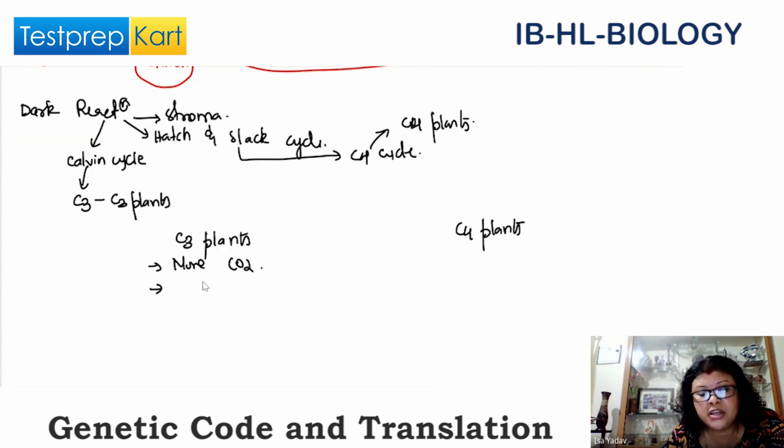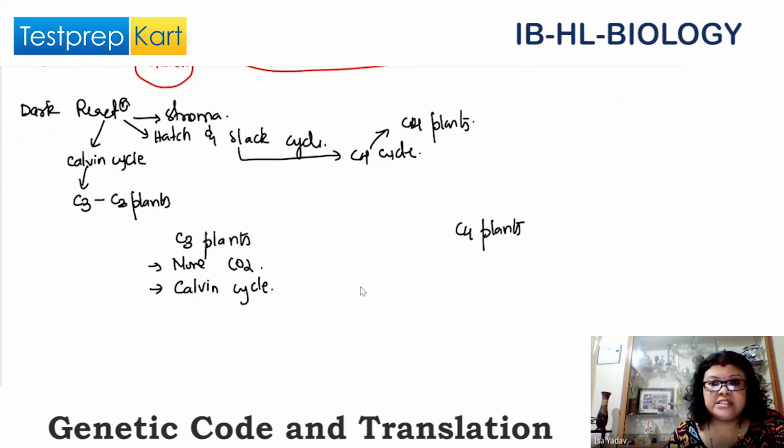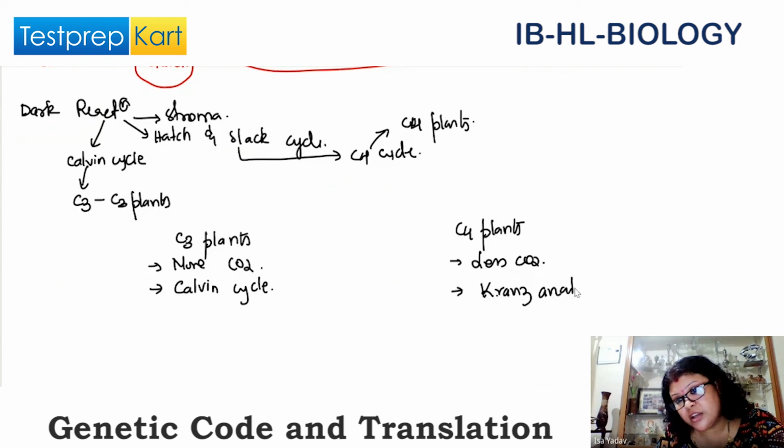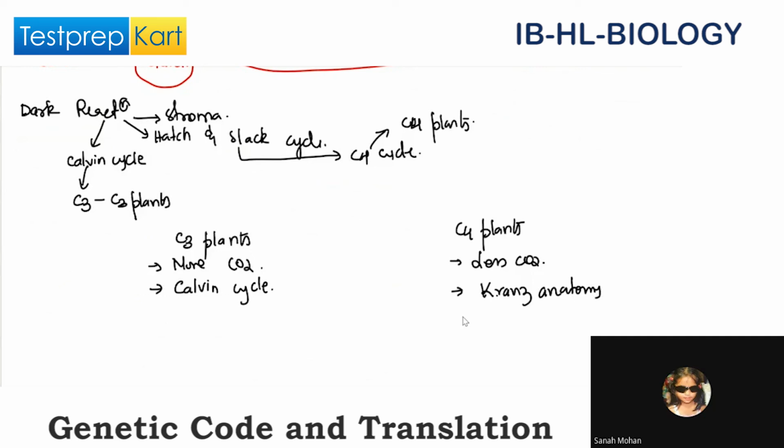C3 plants have a cycle called the Calvin cycle. Whereas C4 plants need less CO2. C4 plants have a type of anatomy in their leaf called Kranz anatomy. Clear?